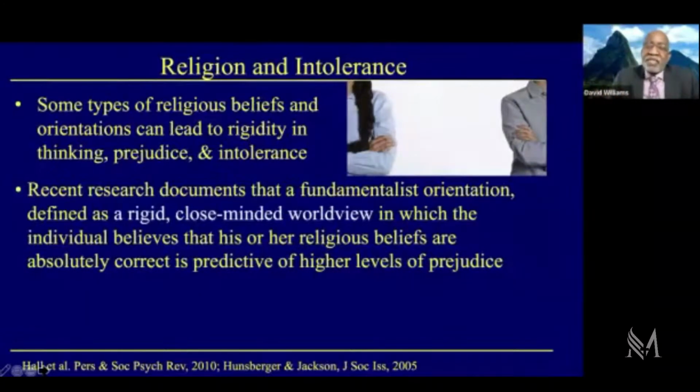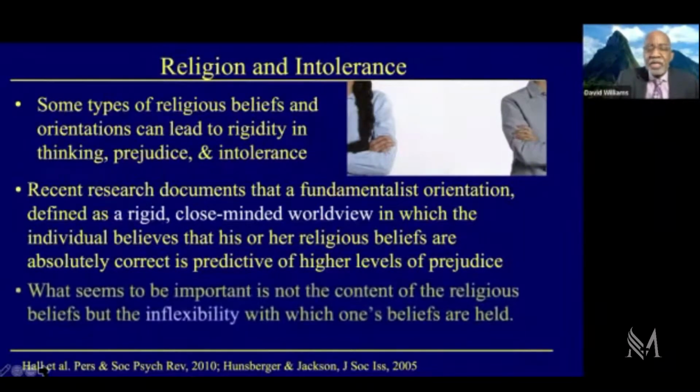Research documents that what is called a fundamentalist orientation, that's not a theological fundamentalism, but a psychological fundamentalism, is defined as a rigid, close-minded worldview in which the individual believes that his or her religious beliefs are absolutely correct and everybody else is wrong. That is predictive of higher levels of prejudice.